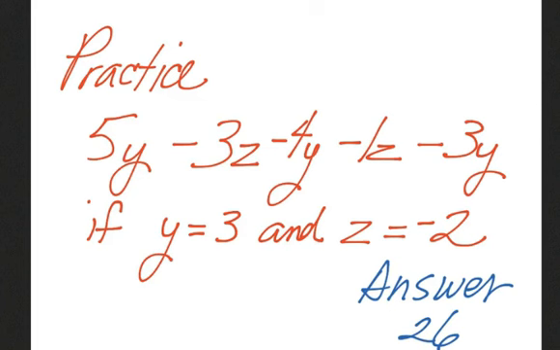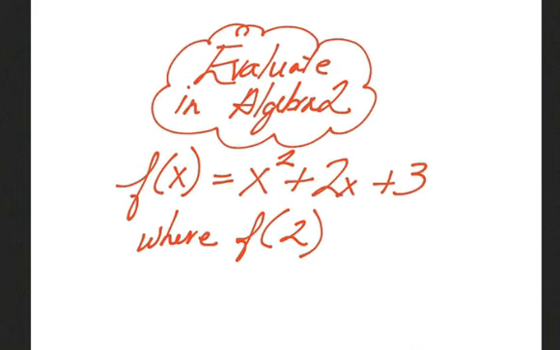Now, all of this was Algebra 1. Everything that we did so far was Algebra 1. Now let's enter Algebra 2. All right, evaluating in Algebra 2 looks a little different, doesn't it? They're not going to say nice words like, please do this, or please do that, or say A equals 2, or B equals 5.